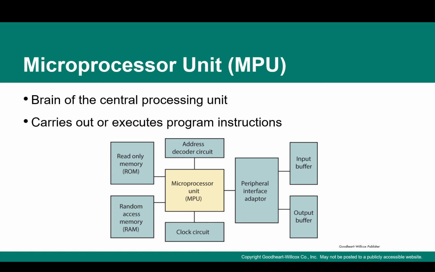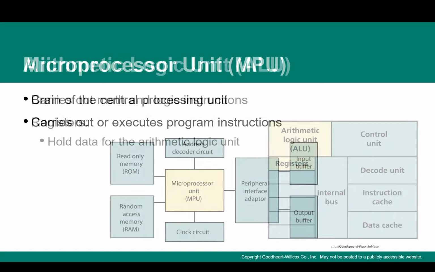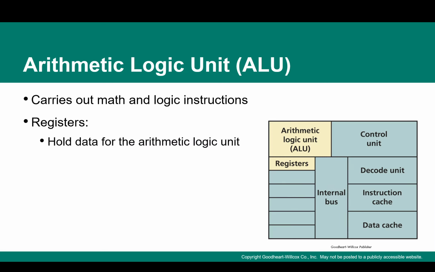We learned about the MPU. This particular block diagram is the block diagram of the MPU. What are the major components inside an MPU? It has the ALU, which is the arithmetic logic unit, and registers, as you can see here.